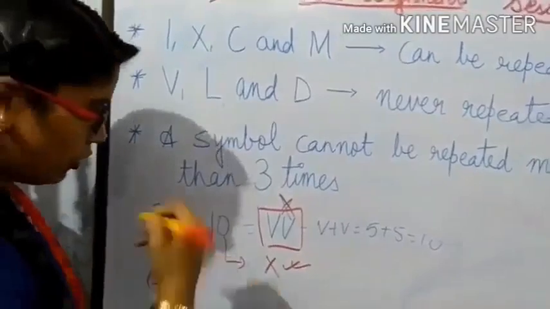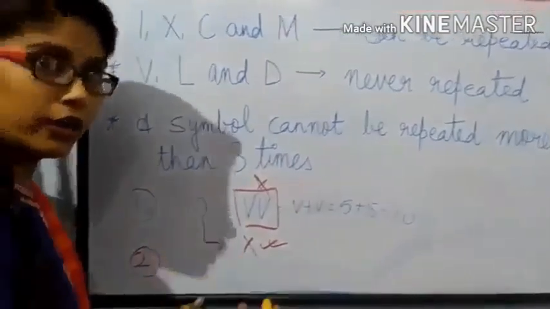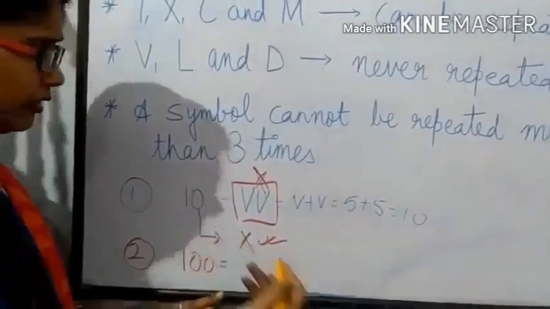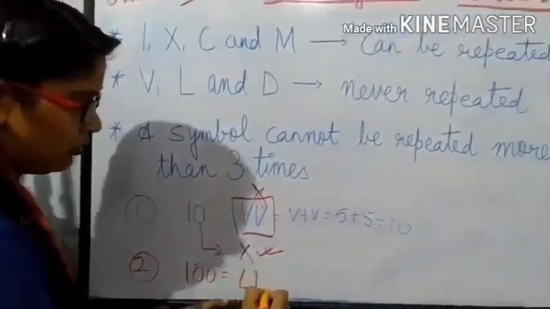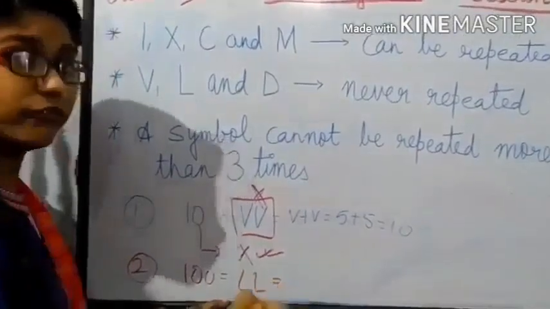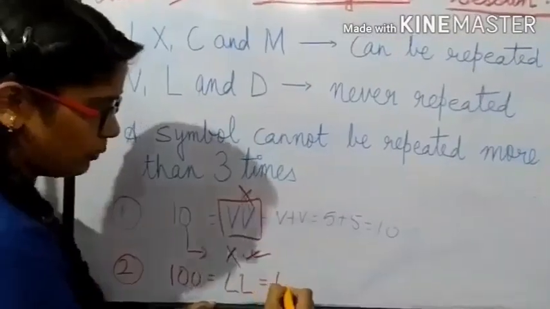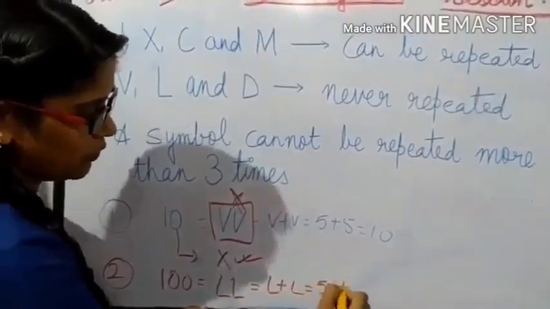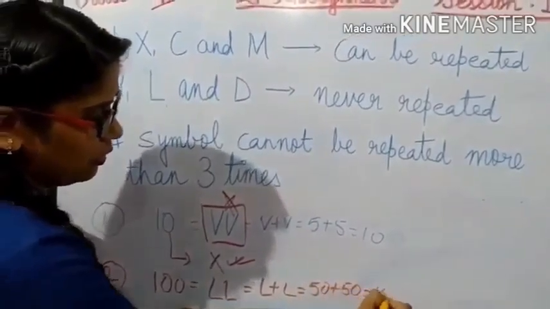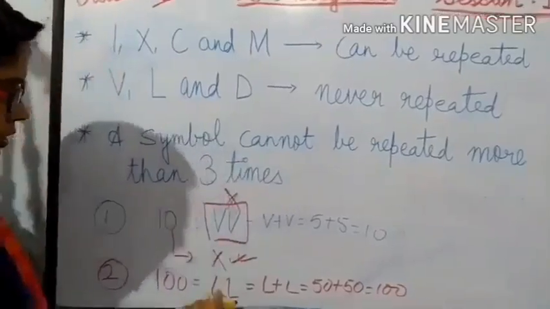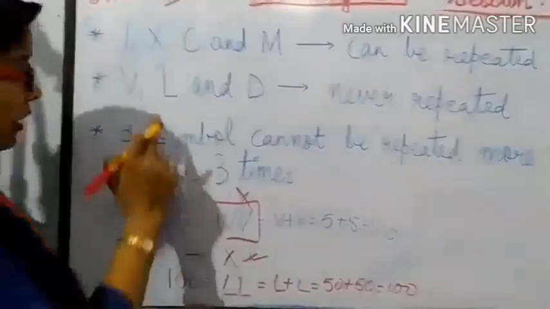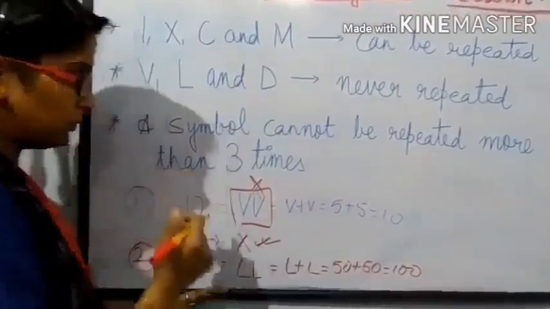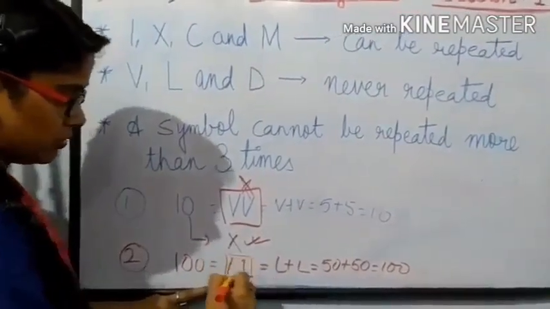Suppose I have to write Roman 100. So for 100 we can take L. L means what? 50. So L plus L, 50 plus 50, 100. But here we can see that L is also not repeated, that's why this is wrong.